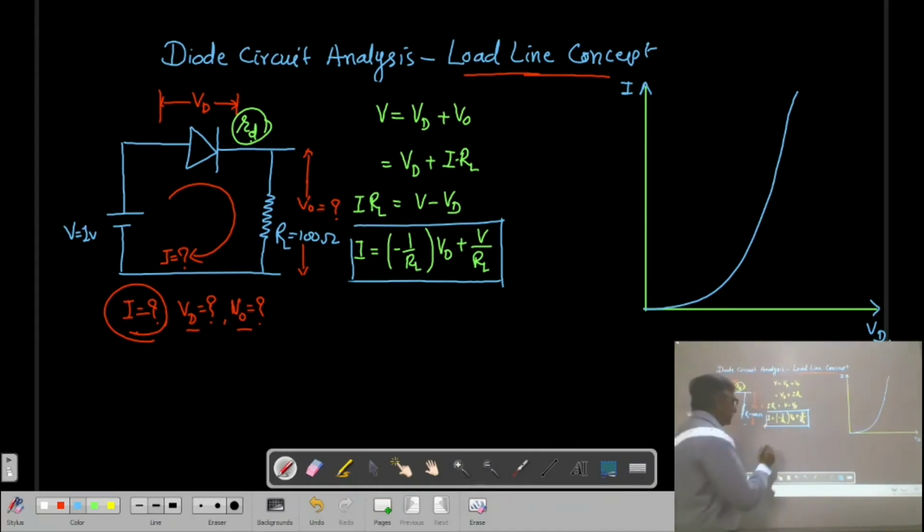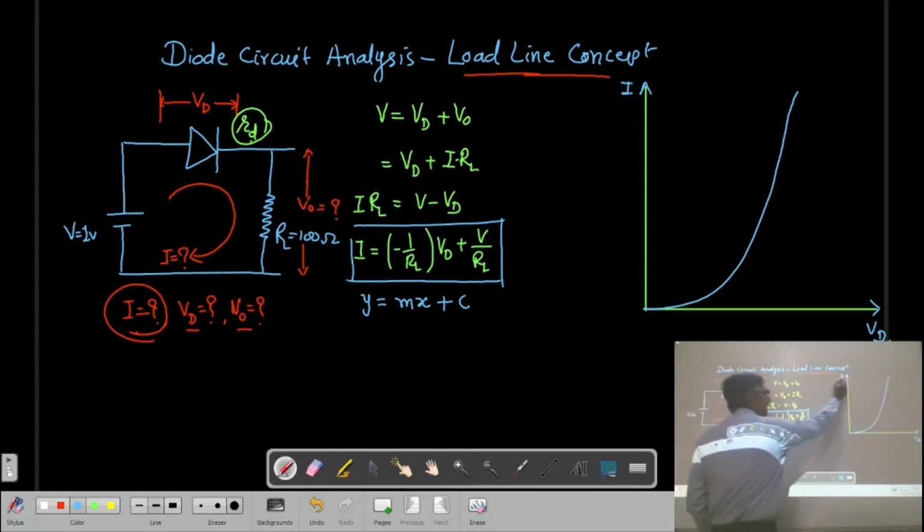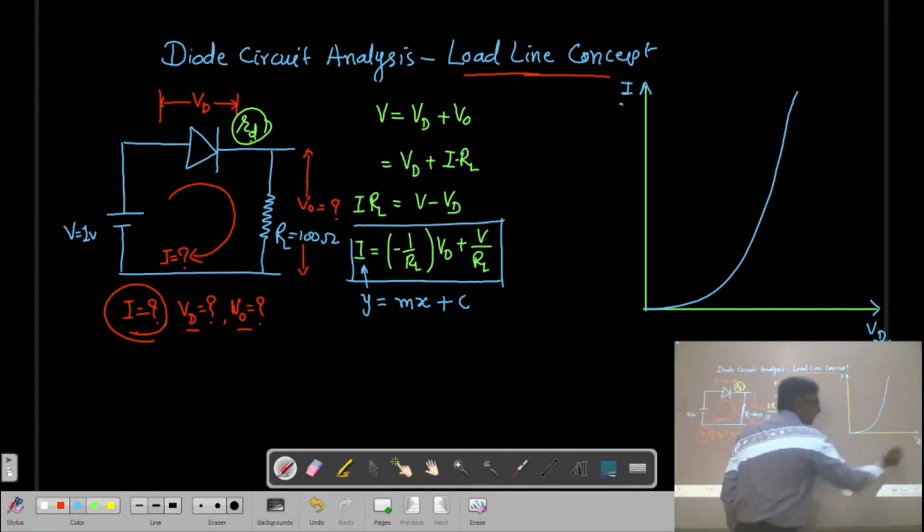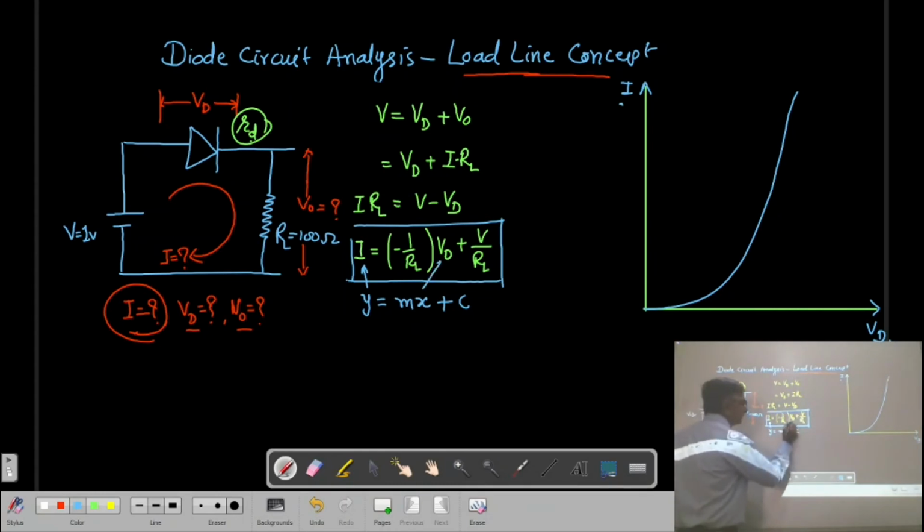In mathematics you have already learned that the expression for a line is given as y = mx + c. Here on the y-axis we have the current, so y is representing I. On the x-axis we have the diode voltage Vd, so this x is my Vd.